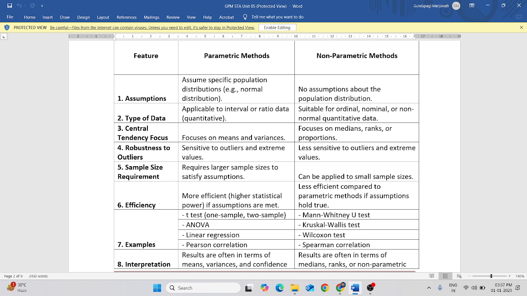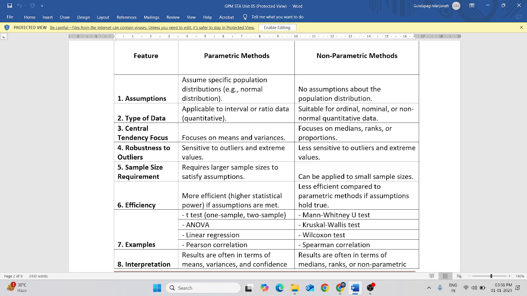When n is greater than or equal to 30, we use parametric tests, and non-parametric methods, especially when the sample size is less than 30, we apply non-parametric tests. Example, chi-square.